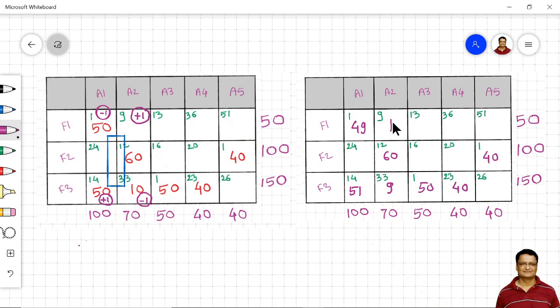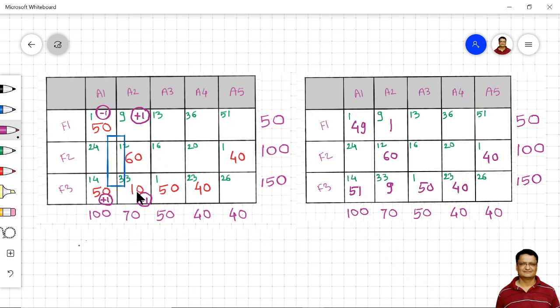Now how much I should allocate, or rather how much I can allocate to this cell, is the question, and that answer is given by this minus sign. Now look closely at these two cells having minus sign and select the one cell which is having the minimum number of allocations.